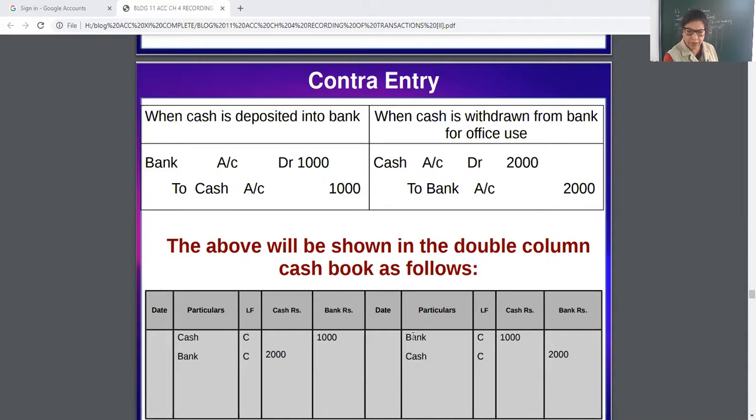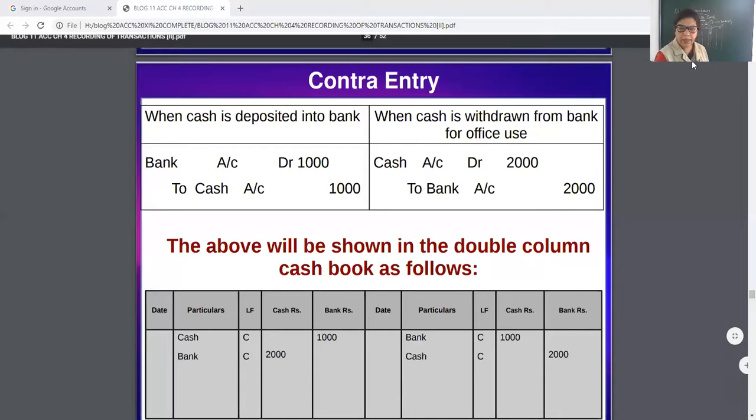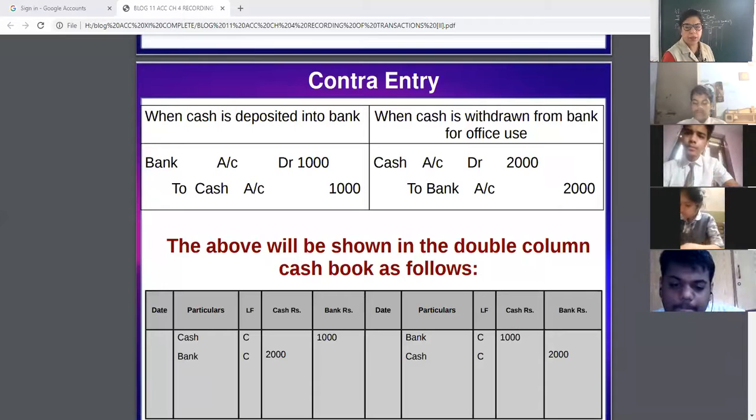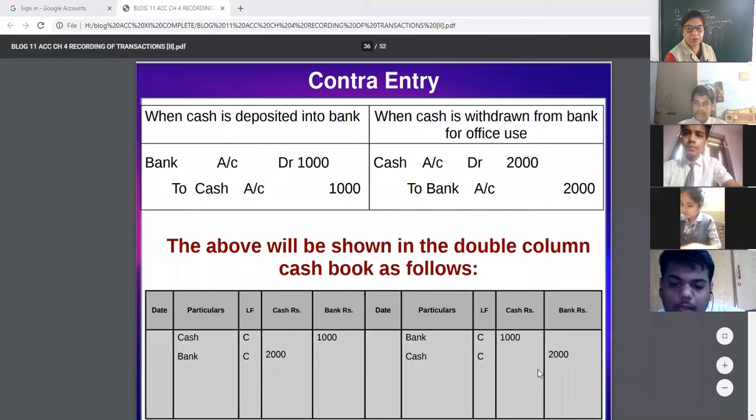While we are writing bank, we will enter the amount in cash. And while we are writing cash, we will enter the amount in the bank column. Okay, children, got it? See again, I will explain you.